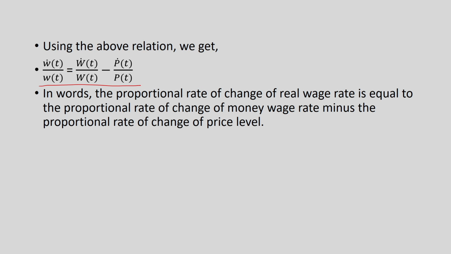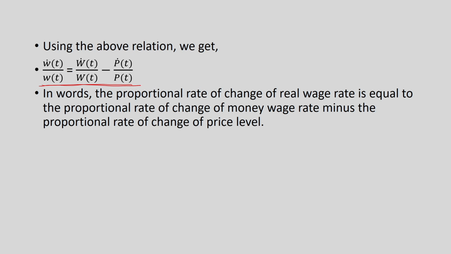So, that is why the proportional rate of change of the real wage rate is equal to the proportional rate of change of the money wage rate minus the proportional rate of change of the price level. It also says that suppose the actual money that the people get is constant, not changing, but the prices are rising.